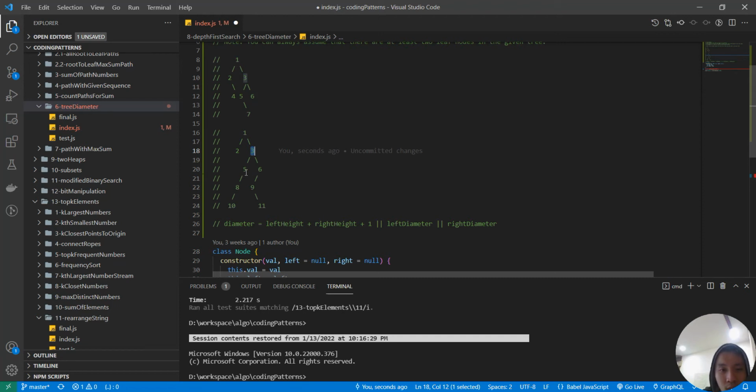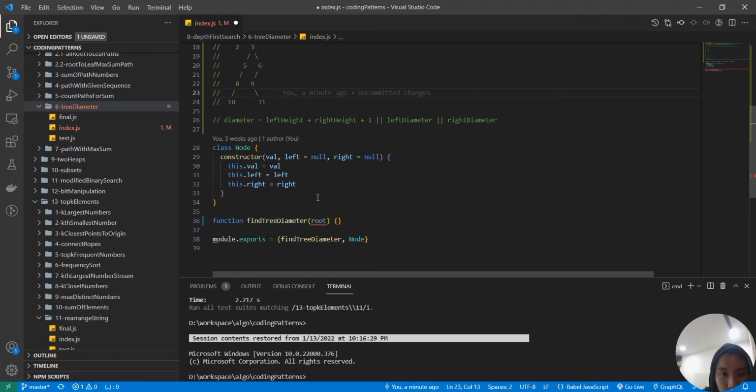In this case, the left height is 3, the right height is 3, plus 1 is 7. The left diameter is when we consider 5 as a root node.